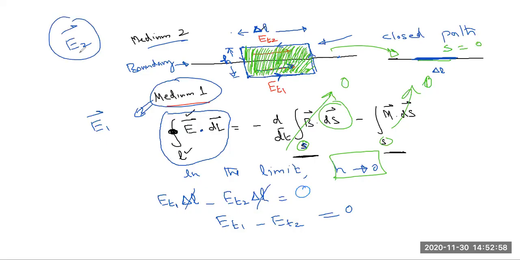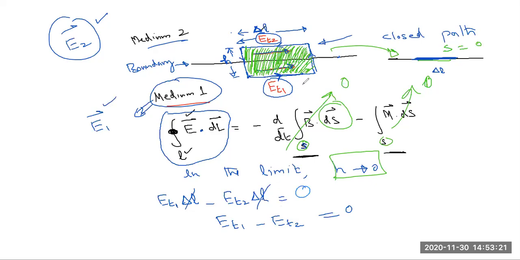Now this is a vector. It can be pointing in any direction, but I have only considered this component which is parallel to this boundary, or tangent to the boundary. That is why I was calling it ET2. So ET2 is nothing but the tangent component of this total E2, and ET1 is nothing but the tangent component of E1.